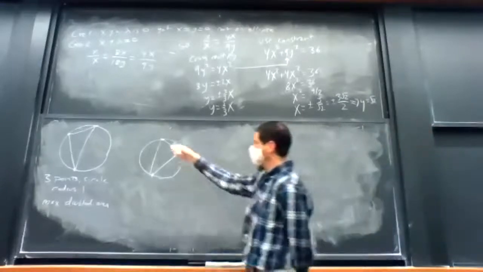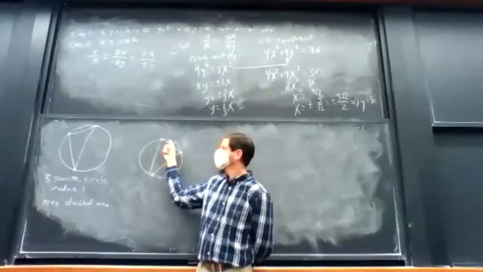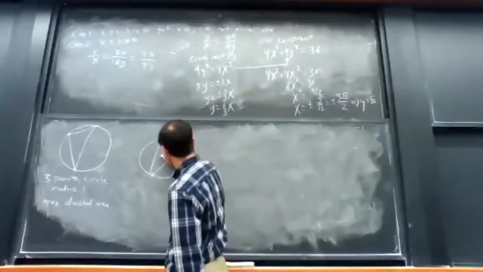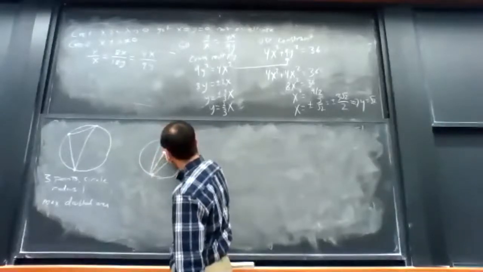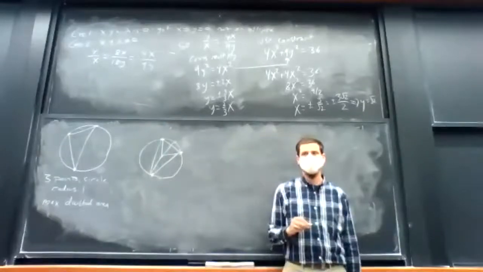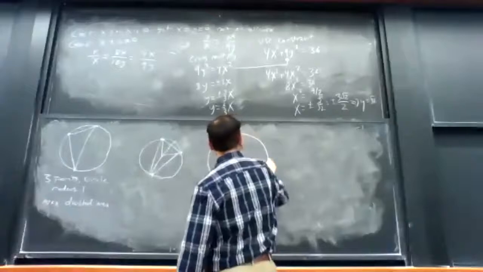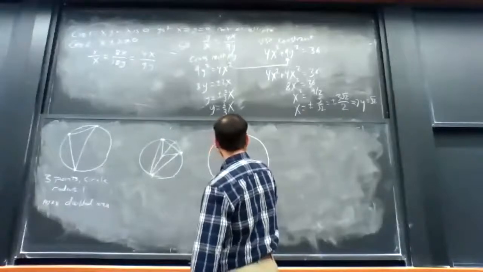So if I give you any triangle, I can take one of the sides. And what I'm really doing here, I'm splitting it up like that. So if I draw it now like this, here's my center.